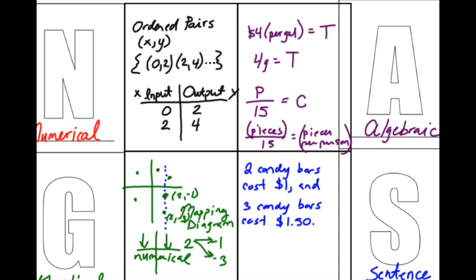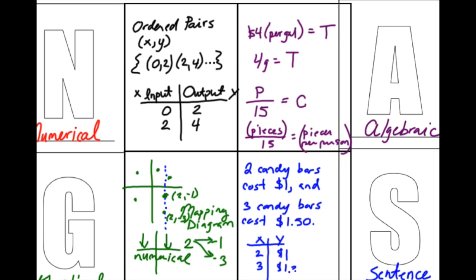It's telling me how much the candy costs individually. So if 2 costs $1 and 3 costs $1.50, I could do myself a favor and put an input-output table and say 2 candy bars is $1, 3 candy bars is $1.50.